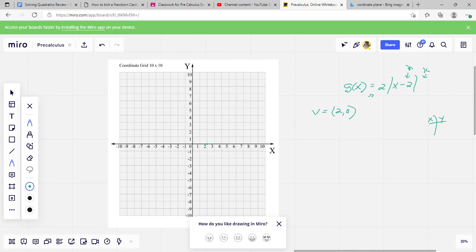So if x was 0, what would y be? So I'd say 0 minus 2 would be negative 2. Absolute value of negative 2 is 2. 2 times 2 would be 4.